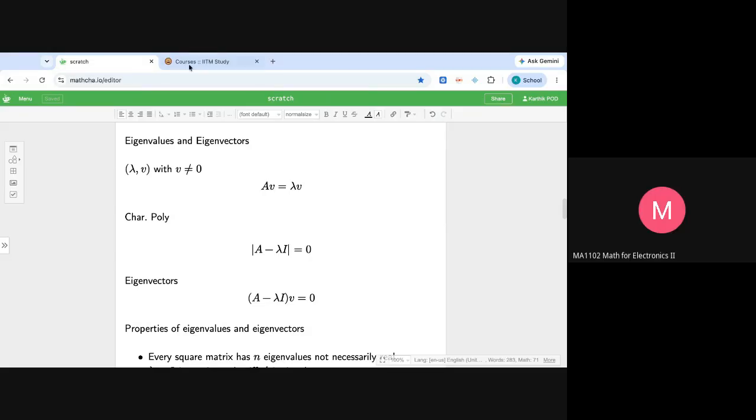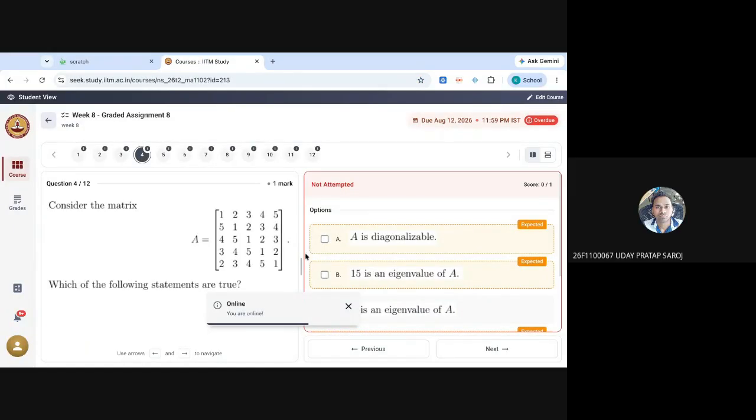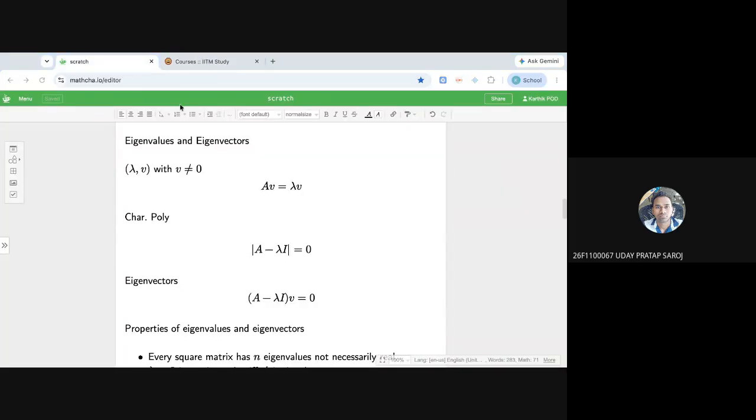Are there more properties around powers? There were some questions where A raised to some power equals 0, and then based on that, we answer some questions about A.